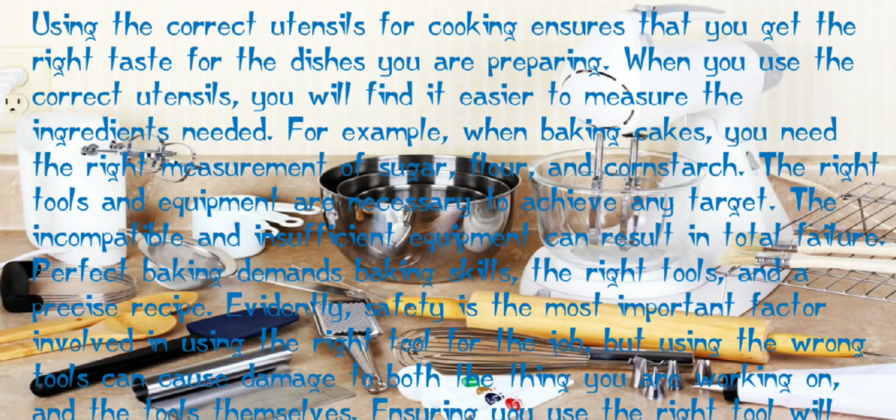Evidently, safety is the most important factor involved in using the right tool for the job, but using the wrong tools can cause damage to both the thing you are working on and the tools themselves. Ensuring you use the right tool will also reduce the amount of effort you need to get a job done.